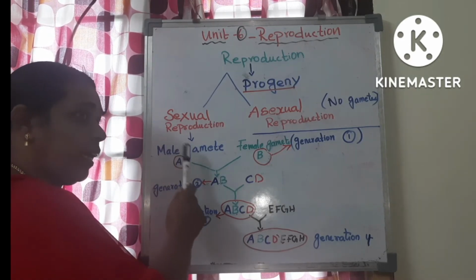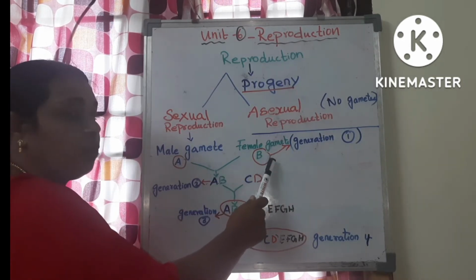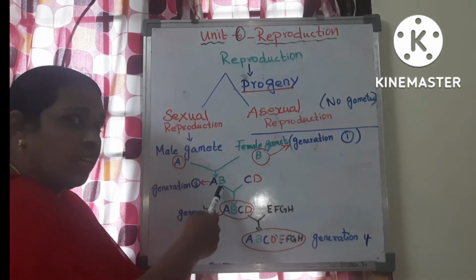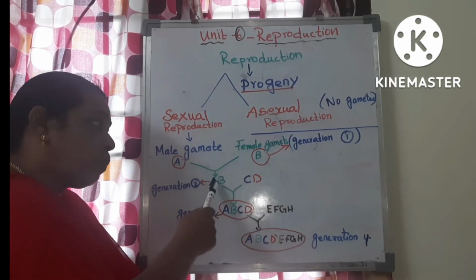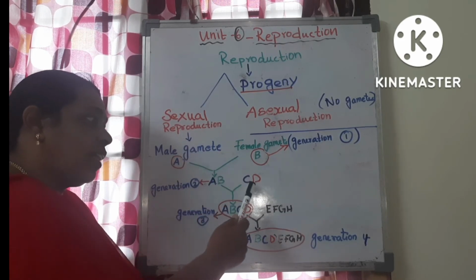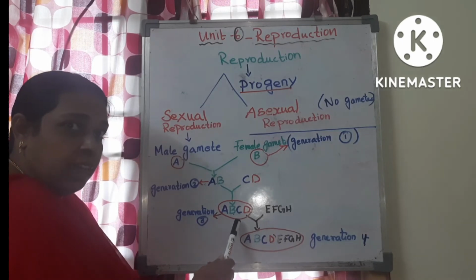Now the individual organisms may die. The organism contributing this male gamete and the organism contributing this female gamete may die, but their progeny is living. This progeny is combining with this one. After a few years, this progeny and this one may die, but they have given another progeny. This will be living.